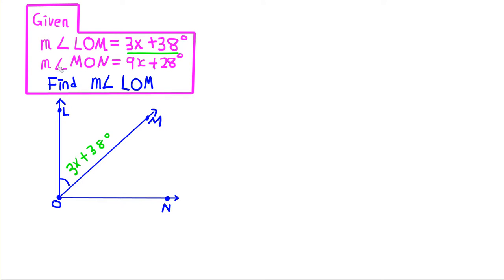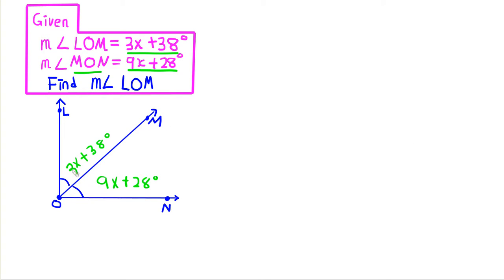And for the measure of angle MON, this angle right over here, this should be equal to 9x plus 28 degrees. And the question asks us to find the measure of angle LOM.